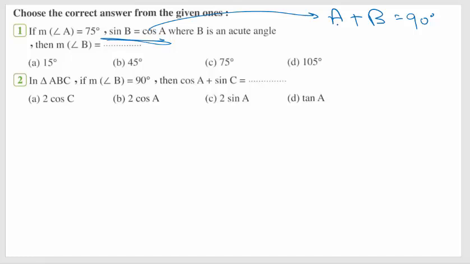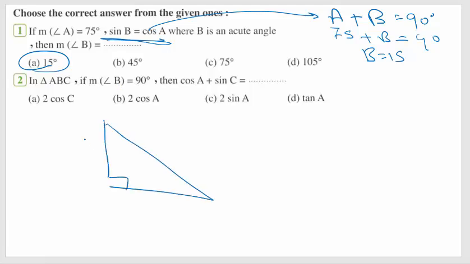So you are telling me that A is 75. What is the complementary angle of 75? I think B will be 15 degrees. So I got it. In the next question, ABC is a right angle triangle, angle B equals 90 degrees. So I will write it like this. When you read this question, you should recognize that if angle B is a right angle, then A and C are two complementary angles.